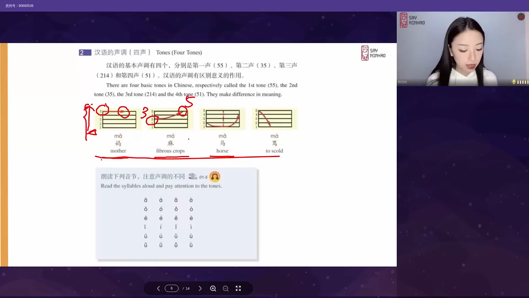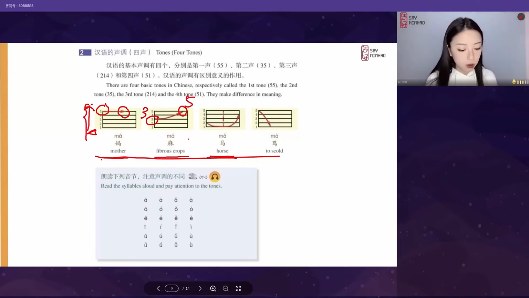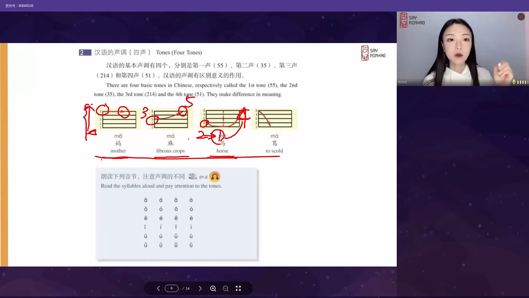Now let's see third tone, which is ma, ma. So it started at pitch 2 and it dropped to pitch 1 and then it rose up to pitch 5, pitch 4, more like pitch 4. So it is like 2, 1, 4.